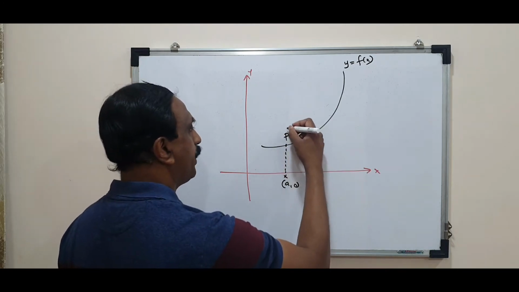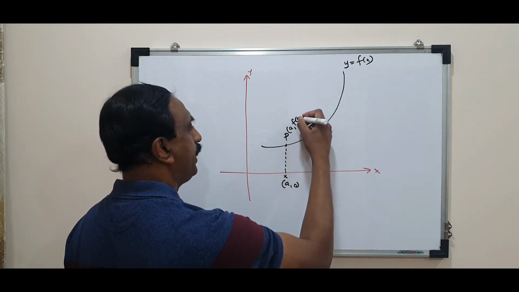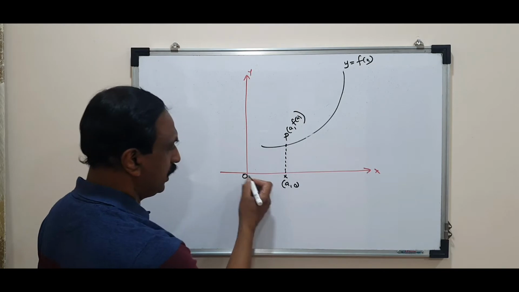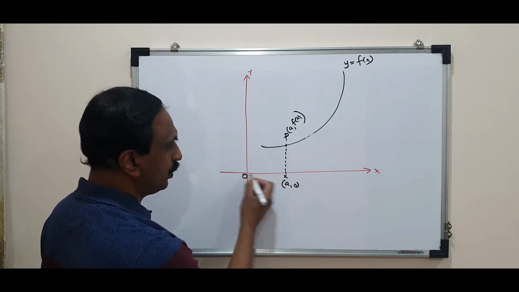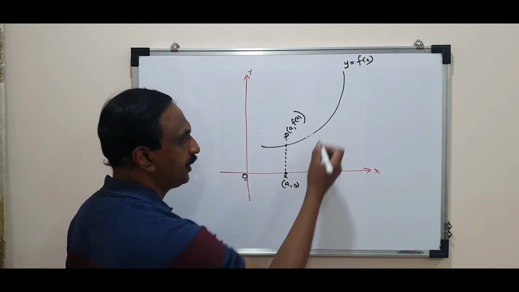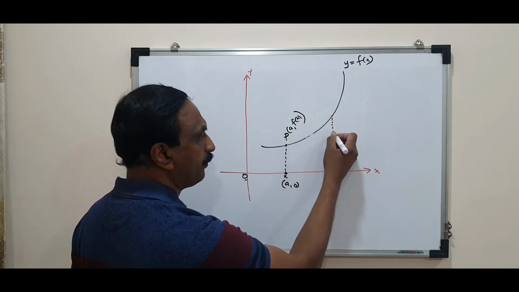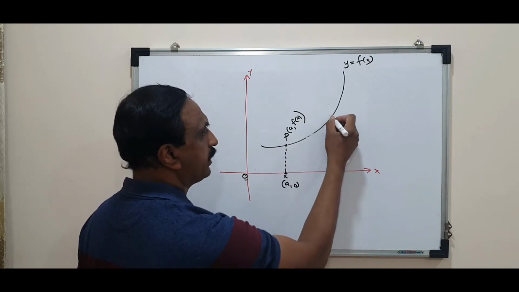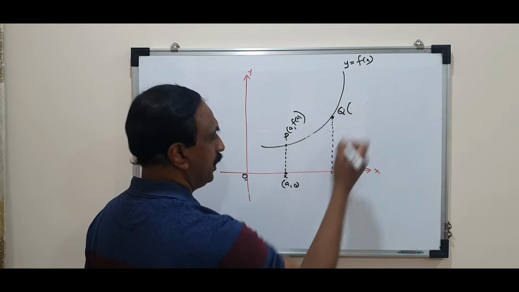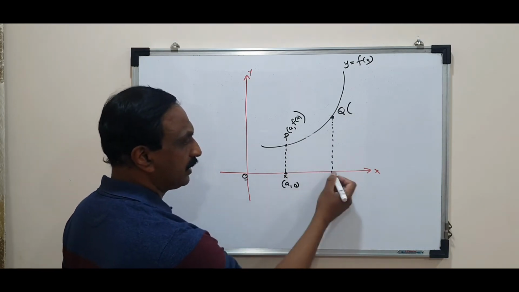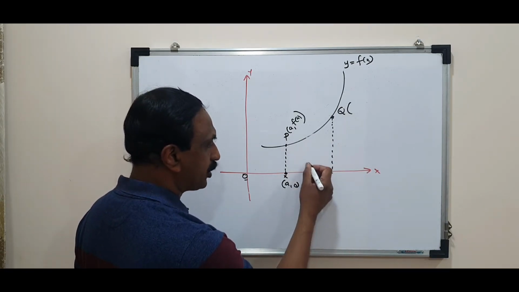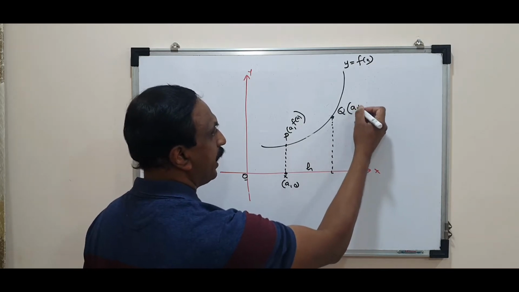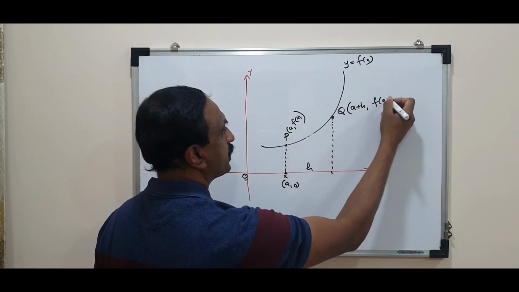So the coordinate of P would become A comma f of A, which means the distance from O to this point is A. We will take the coordinate of Q at this position. Let's say the distance between the two points is h. So this became A plus h comma f of A plus h.